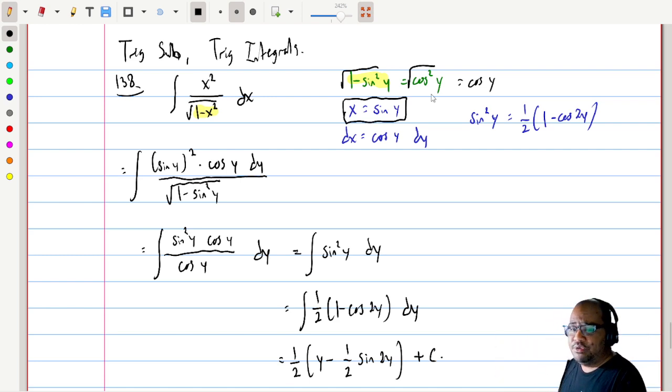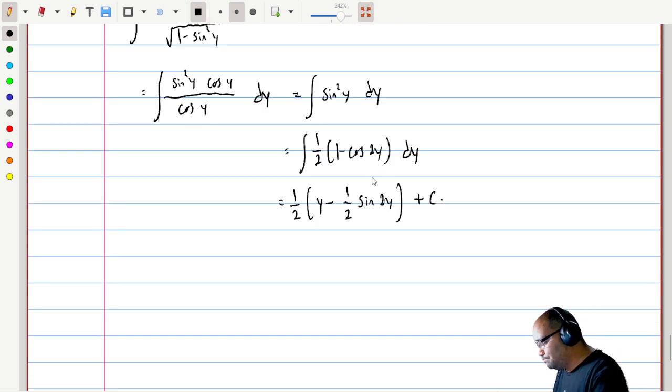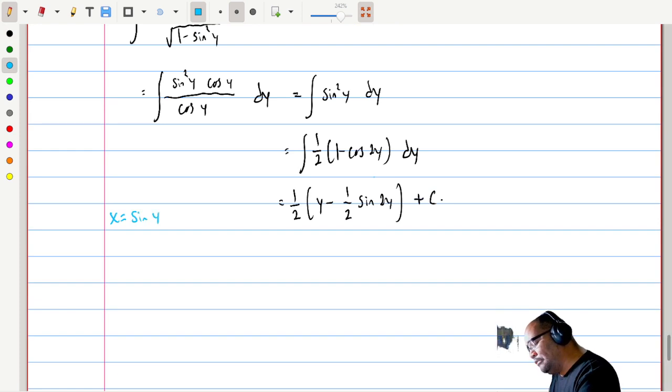So for this step, we need to draw our reference triangle. Okay, so we have x equals sine of y. y is our angle. Sine of y, that's opposite over hypotenuse. I can get the missing side by Pythagoras.